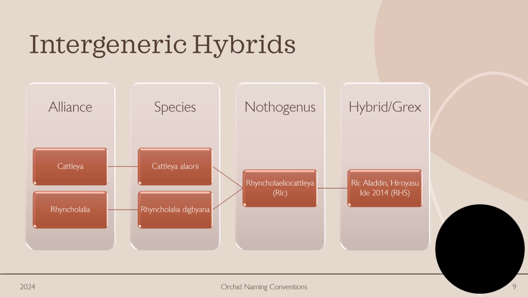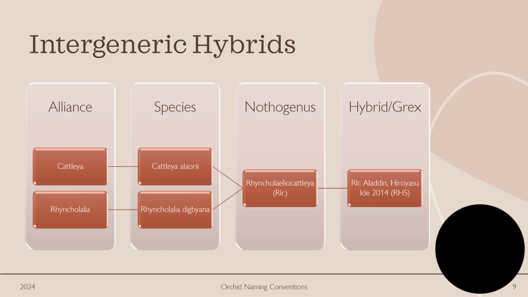So what is a Grex? Grex comes from the Greek which means to flock together, and it's a term used because things can get so complicated that very complex hybrids are named Grexes, and this is where we use this term.